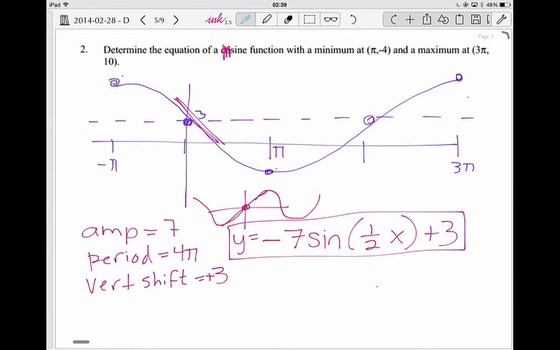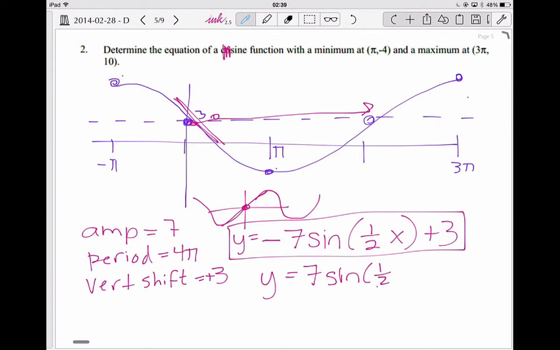Or maybe instead of reflecting it, I just translated it, this point, all the way over there, which would be, oh boy, plus 2 pi. So y equals positive 7, because this time I'm imagining that I didn't flip it, I scooted it, times the sine of 1/2.